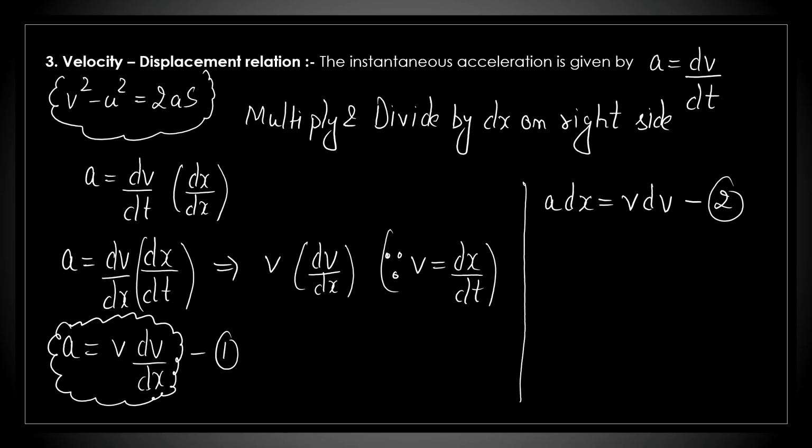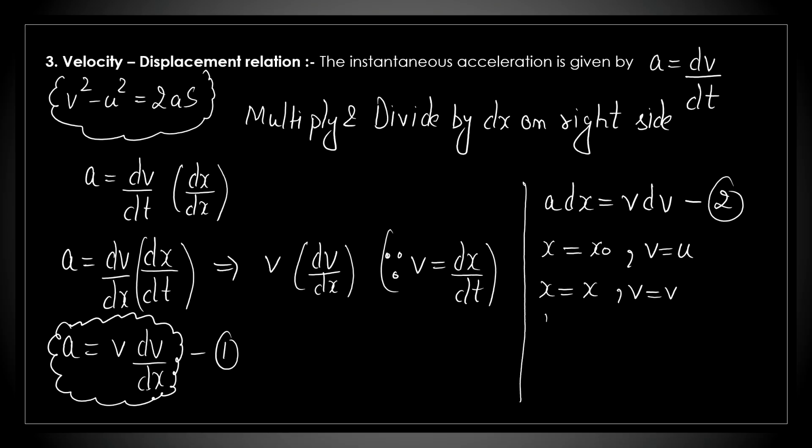Then integrating within limits, when x is x naught, then velocity is u. When object at x, velocity is v.